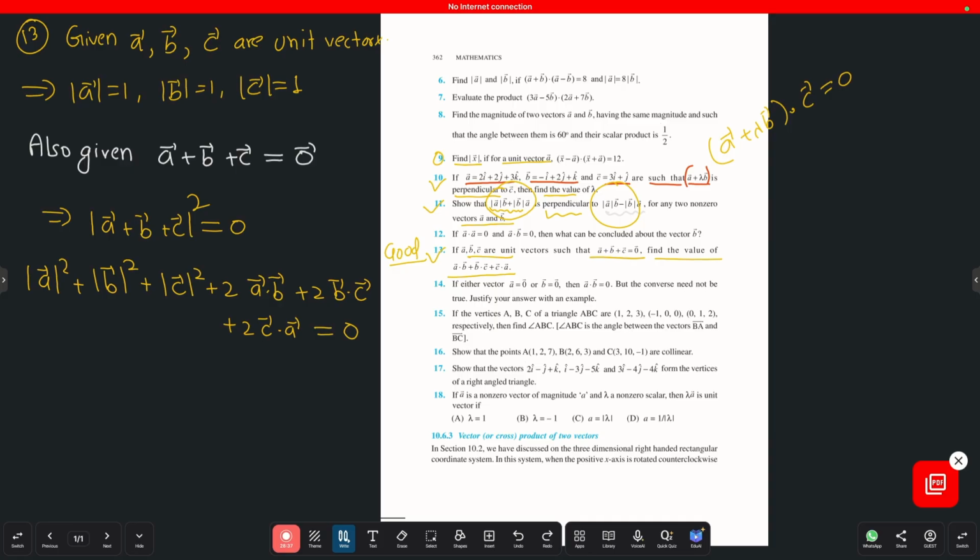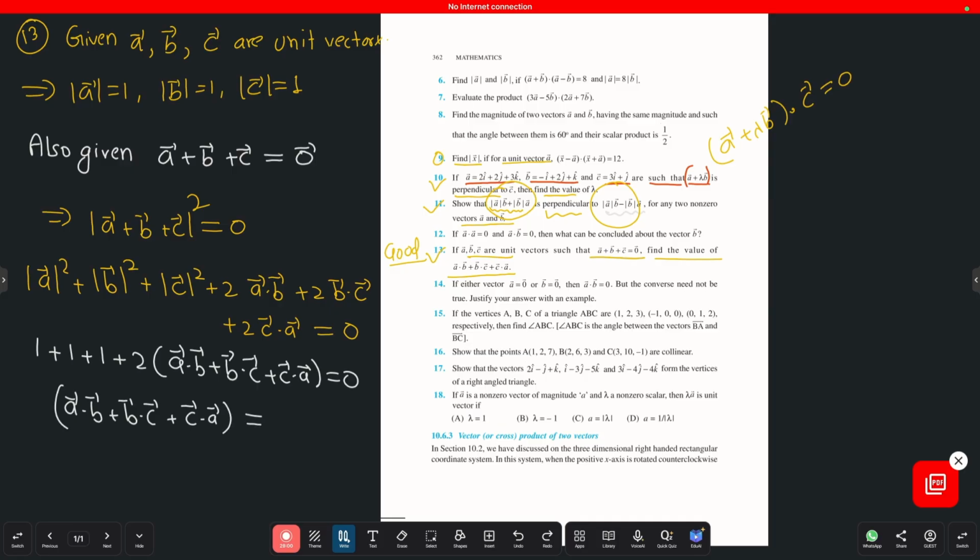So 1 plus 1 plus 1, plus 2 common times A dot B plus B dot C plus C dot A equals 0. So from here, A dot B plus B dot C plus C dot A equals minus 3 by 2.